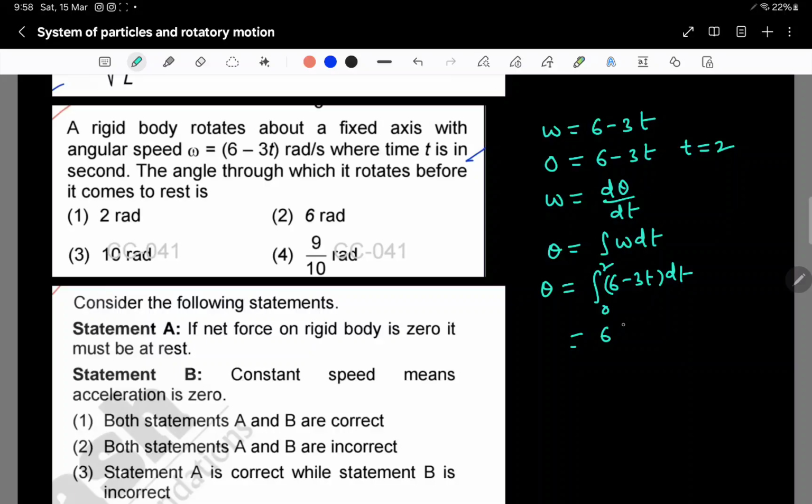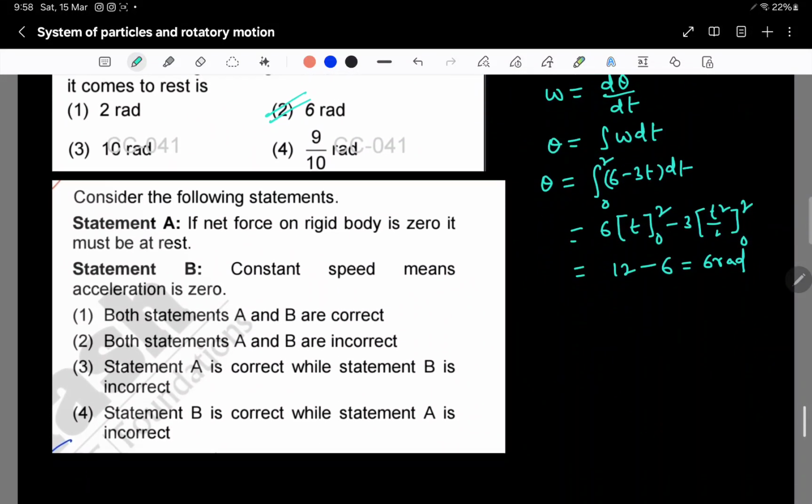Now 6 into t, since integration of dt is t only, limits from 0 to 2, minus 3 into t square by 2, limits from 0 to 2. After simplification, 6 into 2 is 12, minus 3 into 2 is 6. So 12 minus 6 is 6 radians, students. So option 2, 6 radians.